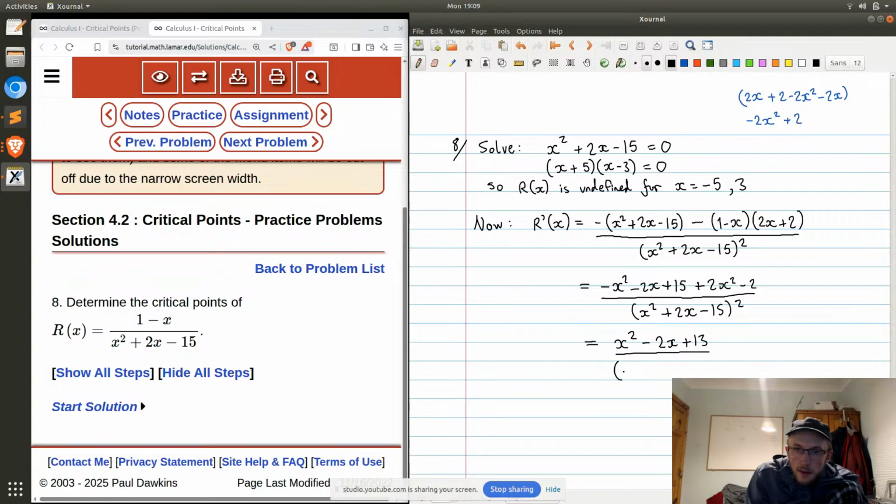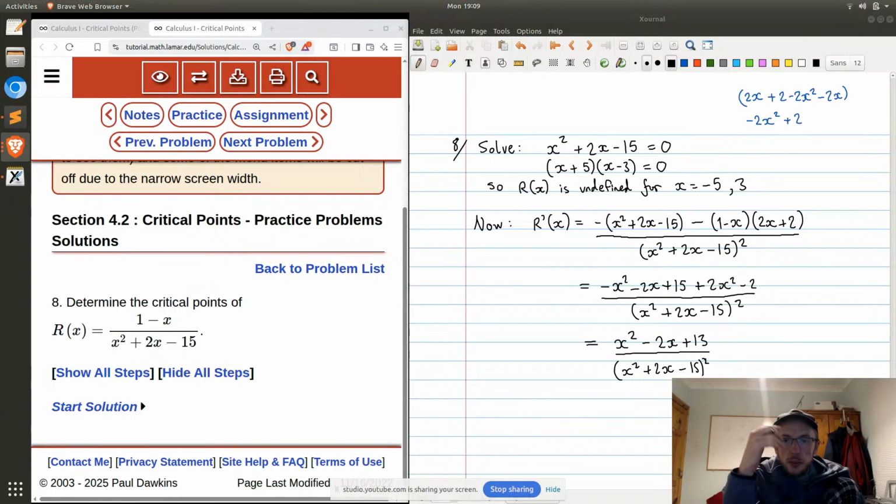And then I get this. So I think I've taken the numerator as far as it will go.